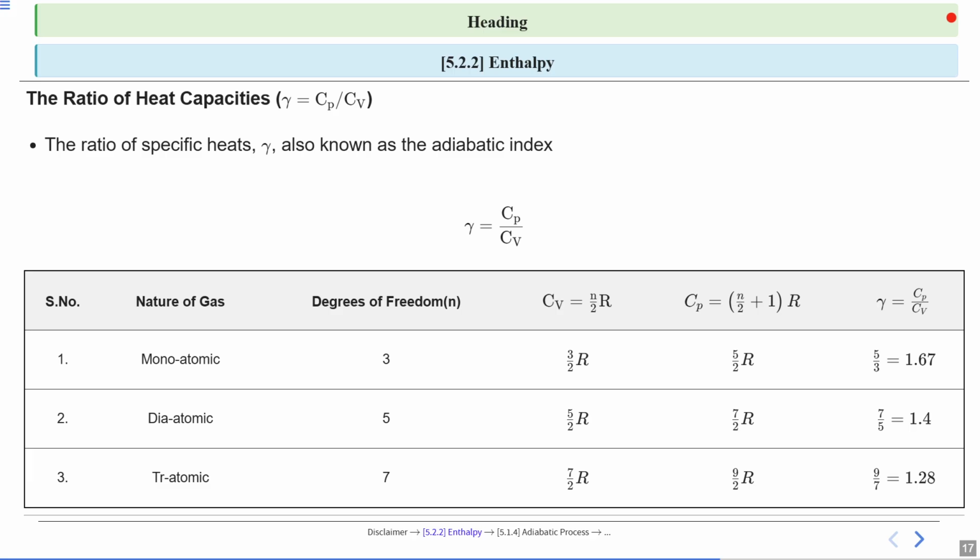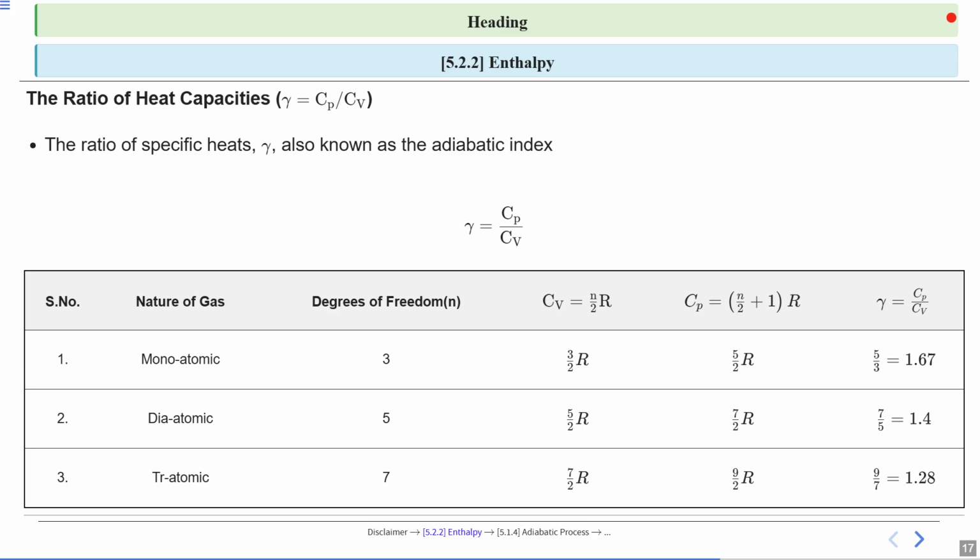If your molecule is monoatomic, your Cv will be 3 by 2 R. If it is diatomic, it will be 5 by 2 R. If it is triatomic, it will be 7 by 2 R. Then what we have here is the Cp value. For monoatomic, it is 5 by 2 R. For diatomic, 7 by 2 R. And for the triatomic, it is 9 by 2 R. Just divide Cp and Cv and you will get the gamma value for the given 3 types of molecules.